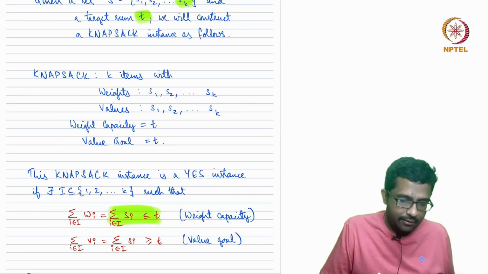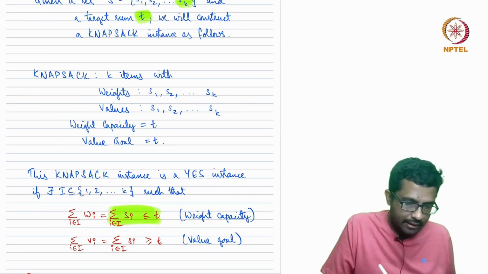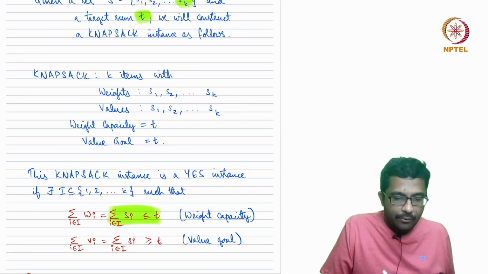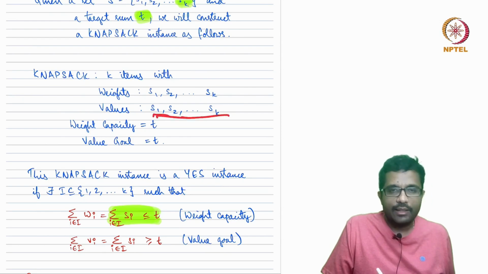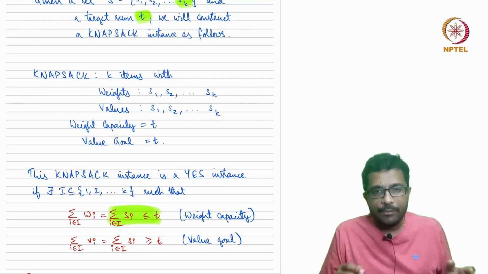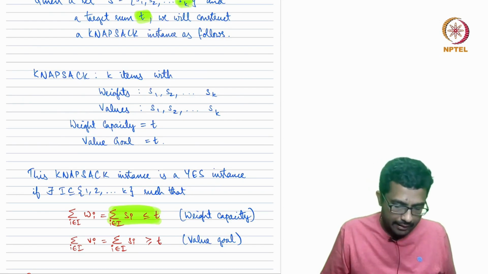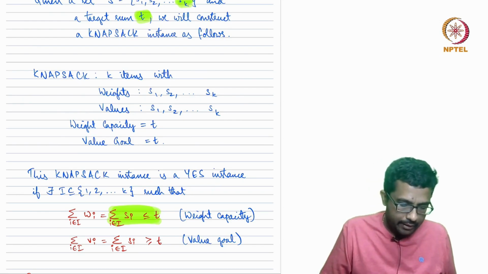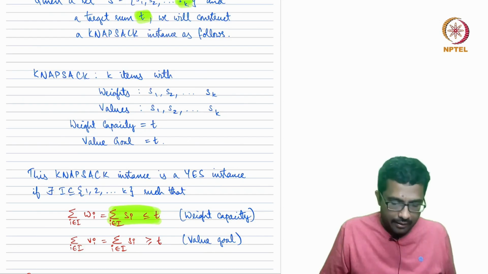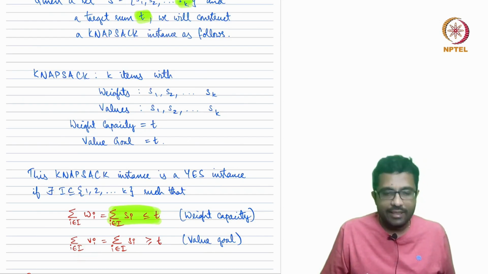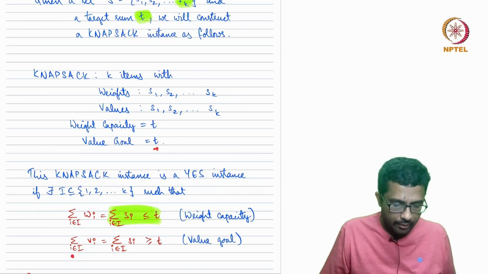The value goal is G, which is also T, right, but the individual values are S1 to Sk. So if you sum the selected items, which is the set I, the sum of the values should be at least the goal, which is T. But what are the values?